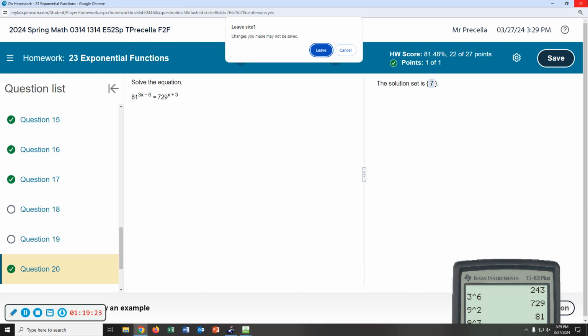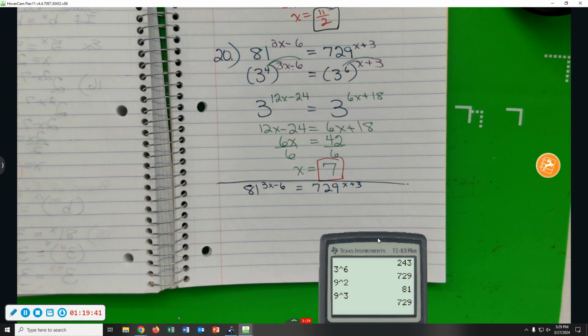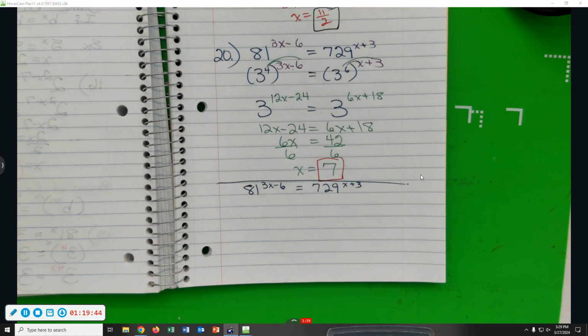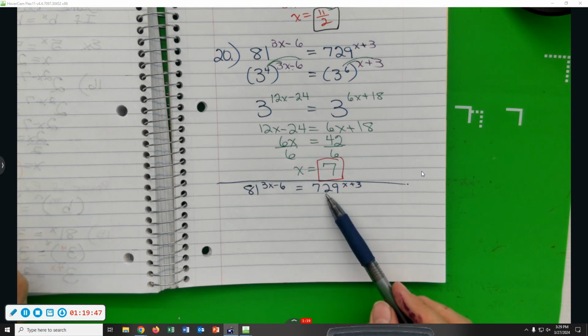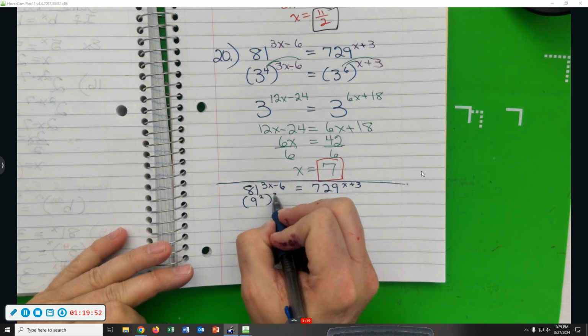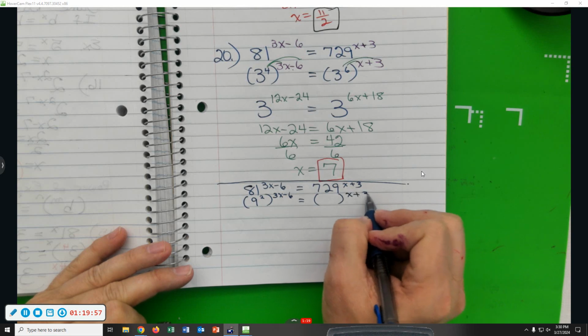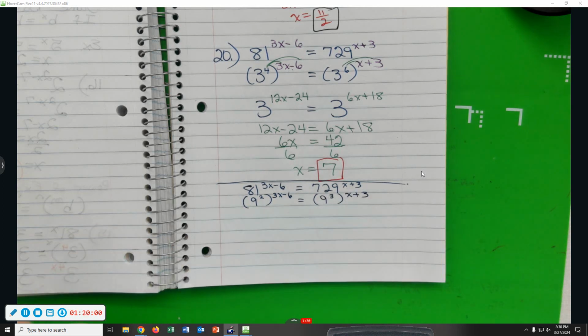81 to the 3x minus 6 is equal to 729 to the x plus 3. Oh, let me switch. Oh, I did it, did I? I said that we could have used 9. 81 is the same thing as 9 squared to the 3x minus 6. 729 is 9 cubed.